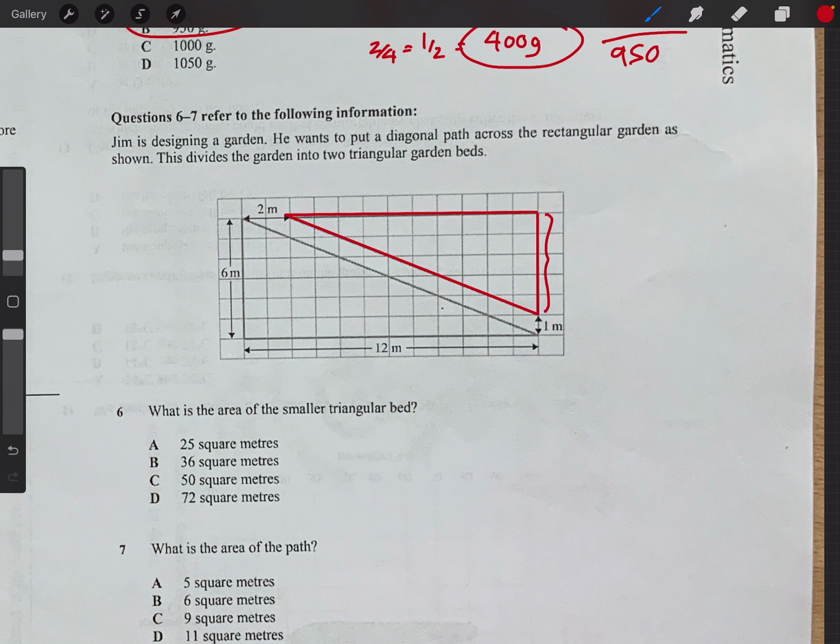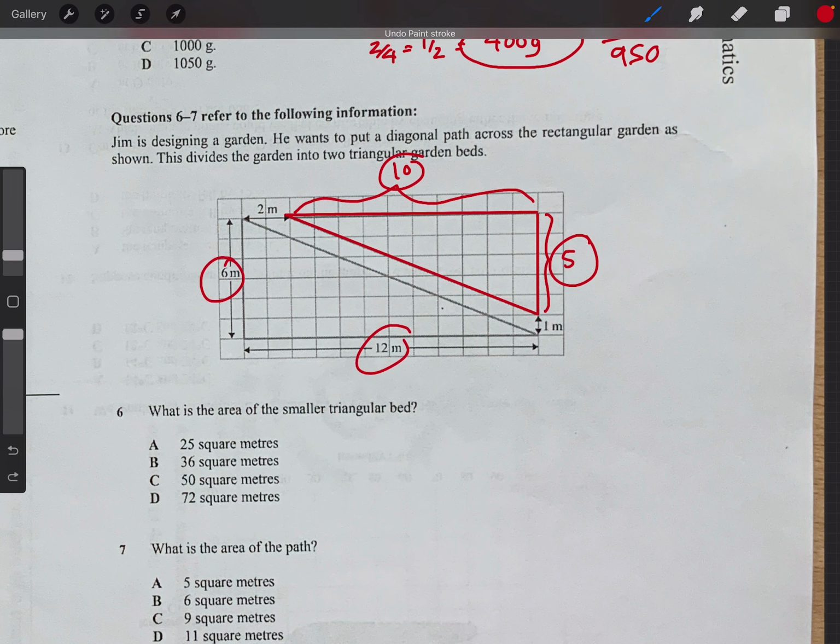You've got 1, 2, 3, 4, 5. It's 5. And how long is this triangle? You've got 1, 2, 3, 4, 5, 6, 7, 8, 9, 10. That's 10. Now compare that to the big triangle: 5 by 10, and the other triangle 6 by 12. Obviously, this is the smaller one.